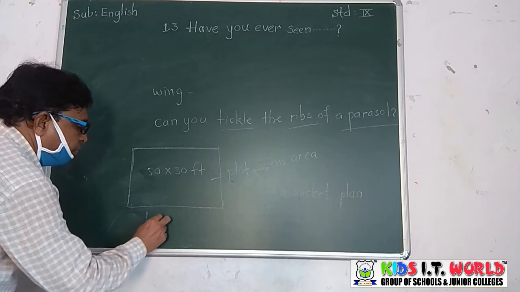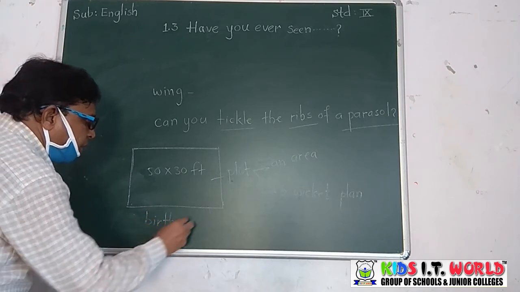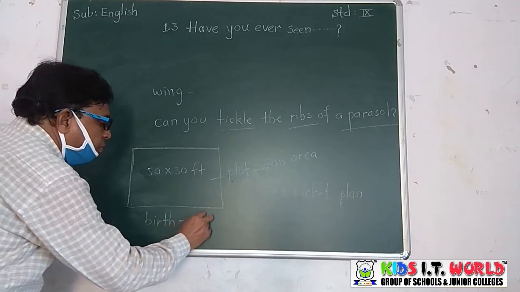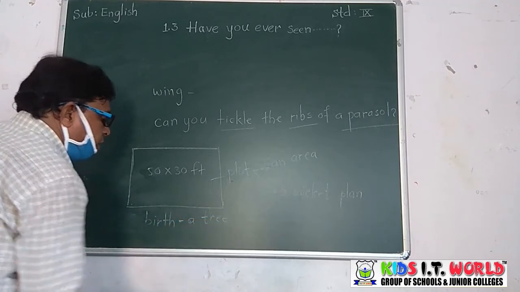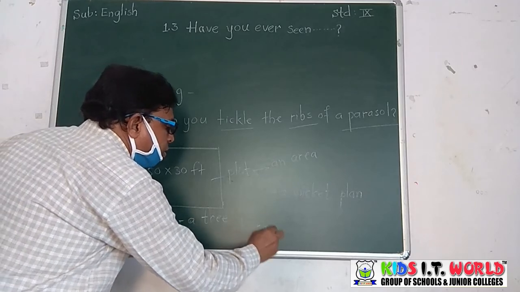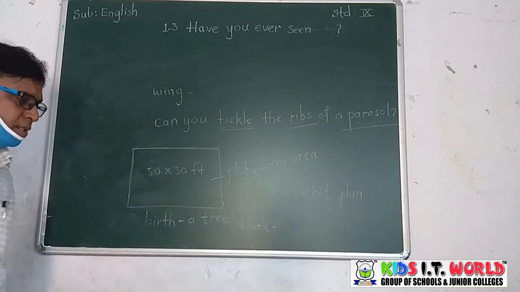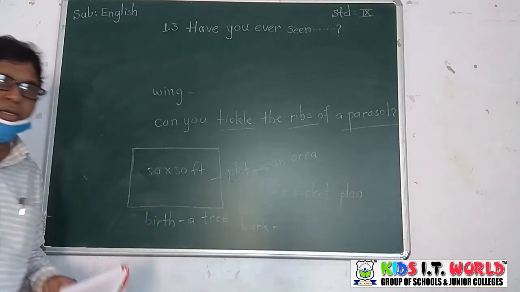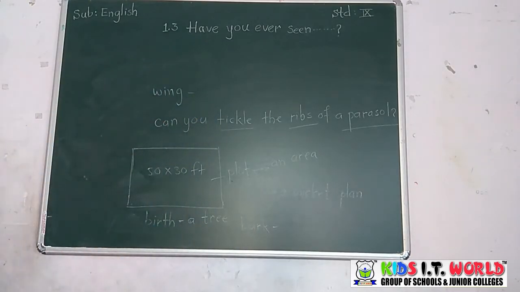And the last one: what is the sound of the birch's bark? Birch is the name of a tree. And bark again has two meanings. One meaning is that the upper covering of a tree is called bark, and another meaning is that a dog barks.